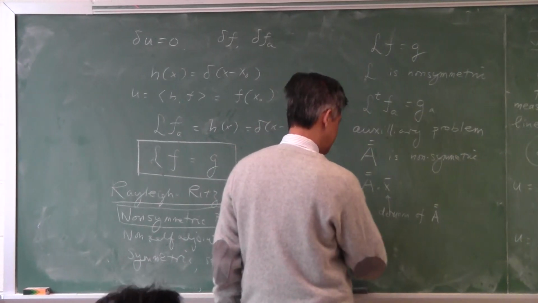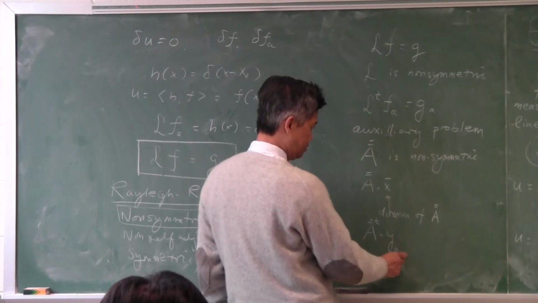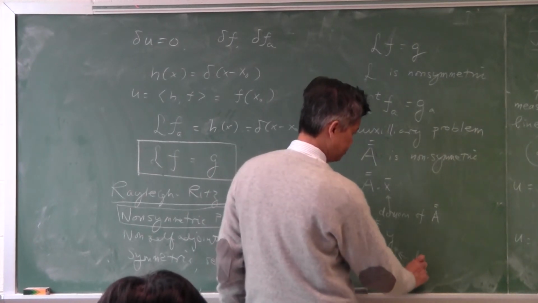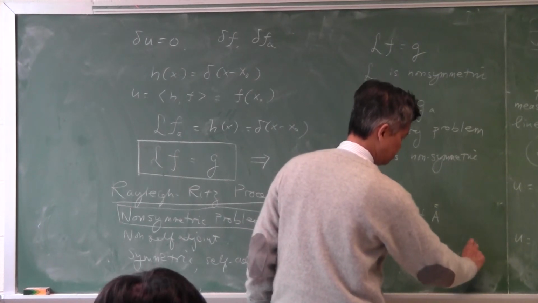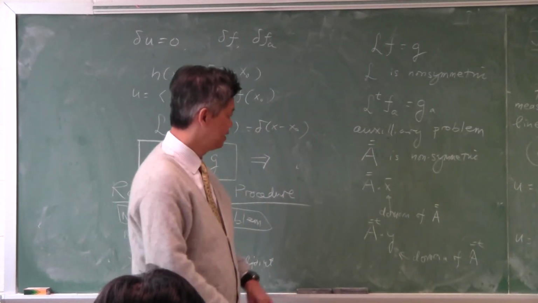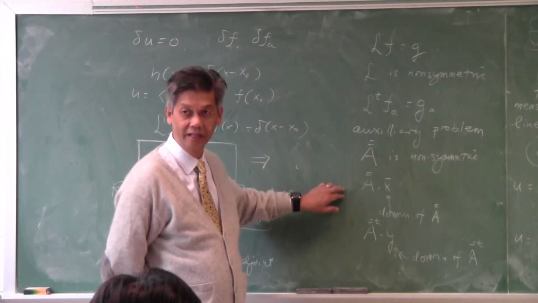If the system is non-symmetric, then this is called the domain of A transpose. What it says essentially is that the domain spaces of the operators A and A transpose are not the same.